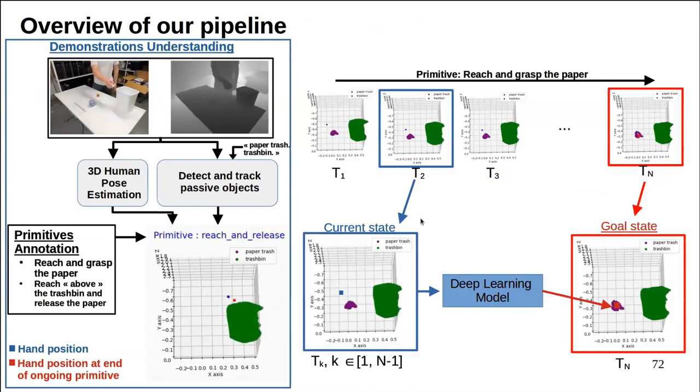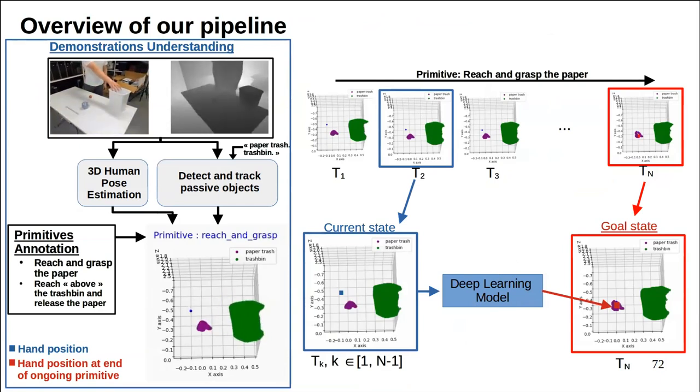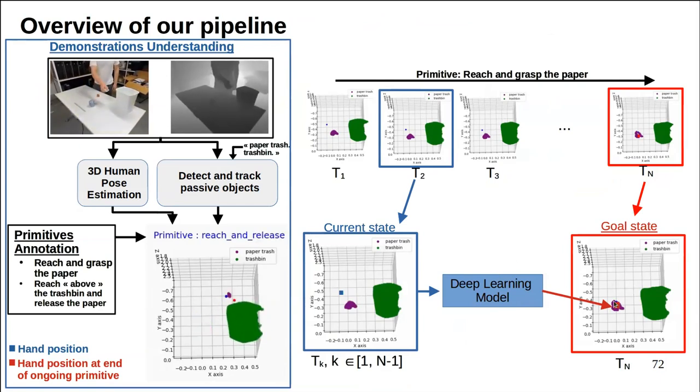Okay, now we can zoom in on one of the primitives, reach and grasp the paper. This primitive is made of n frames. And what we would like here is to train a deep learning model to predict the position of the operator in the last frame.